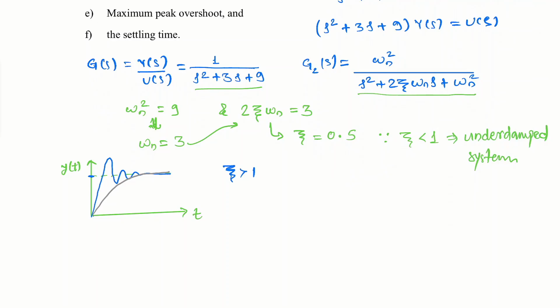Now it is important to distinguish between the two responses. So when we are looking at an underdamped system, there are certain attributes such as rise time, that is when the system reaches the steady state output value for the first time, the peak time, that is the time at which the response value peaks out, and the maximum peak overshoot, how much we are overshooting from the steady state value.